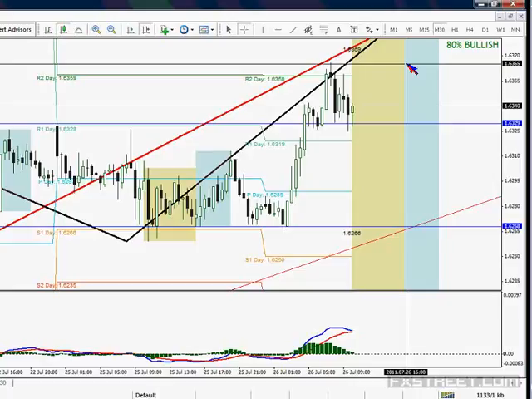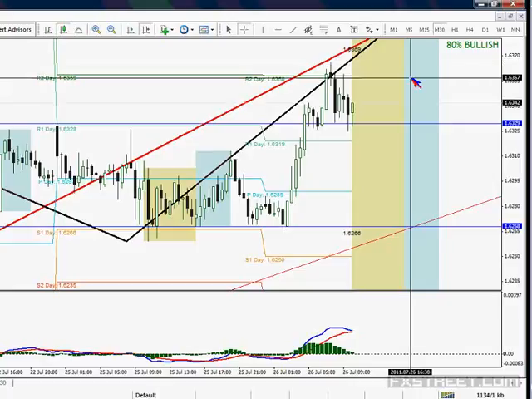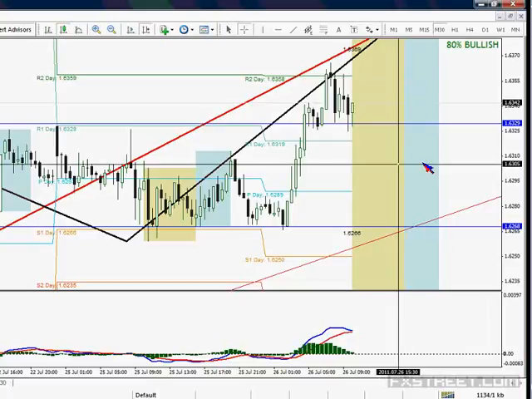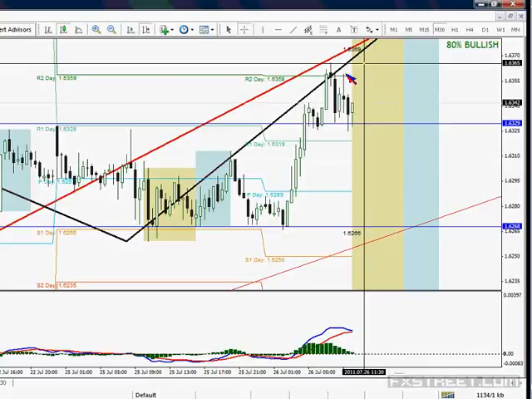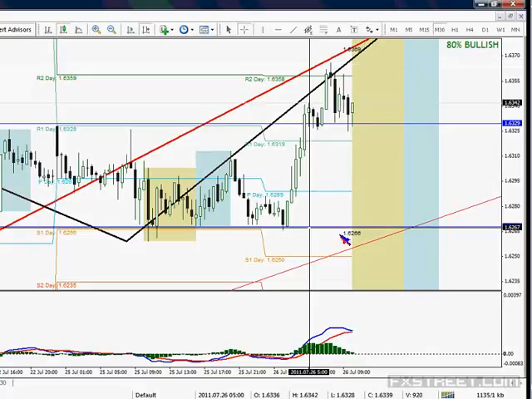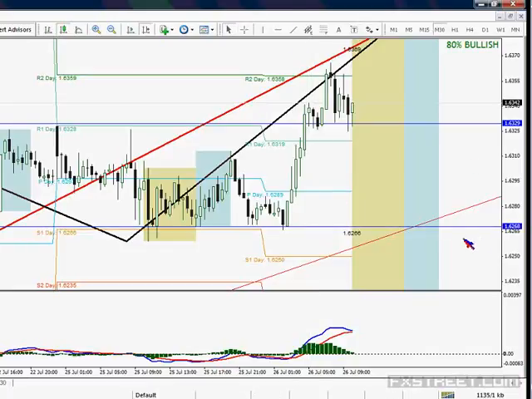Okay, there's still 15 minutes left, so I'm going to try to take advantage of this time to give some possible alternatives. All right. If we do not break the previous high and we go down, I would be careful about shorting before we break this level. So the key level for shorts would be this.